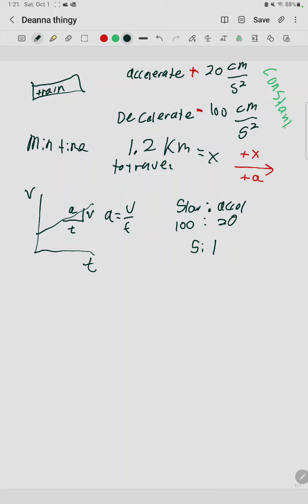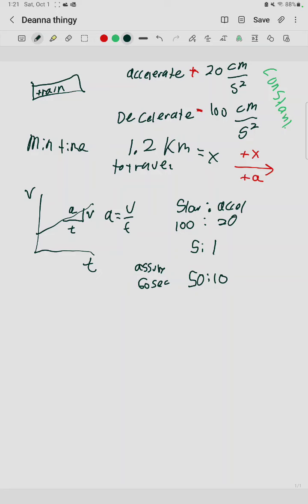And then from there, he said, okay, assume out of 60 seconds, or a minute, you would have 50 seconds to 10 seconds, right? So it all adds up to a minute. And then from there, he calculated the velocity of both sides and realized that it didn't add up to 1.2 kilometers.